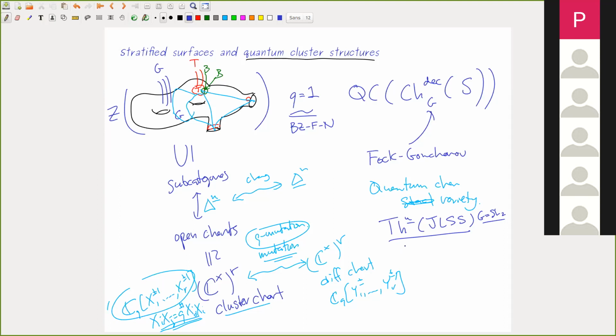All of this structure, these subcategories, the identification with these quantum tori, the mutations that you get as you change triangulations, all of this comes from this functor Z, from the fully extended theory.